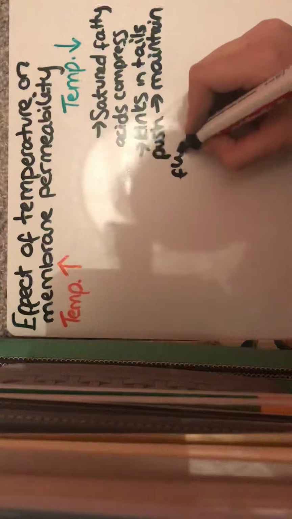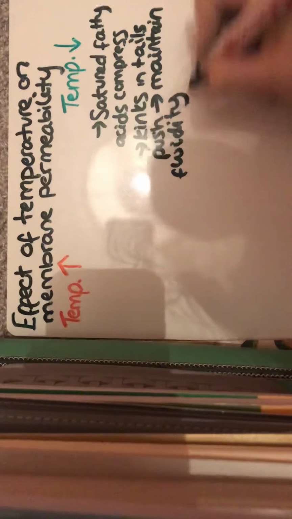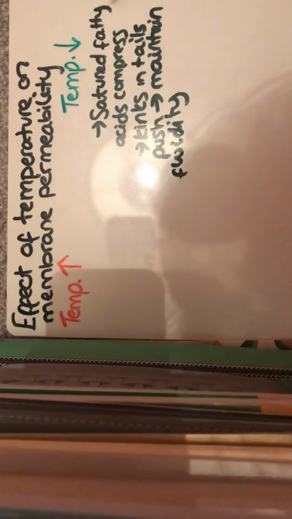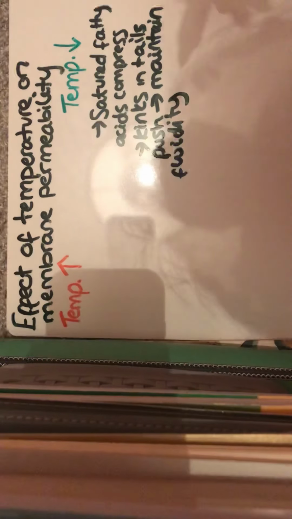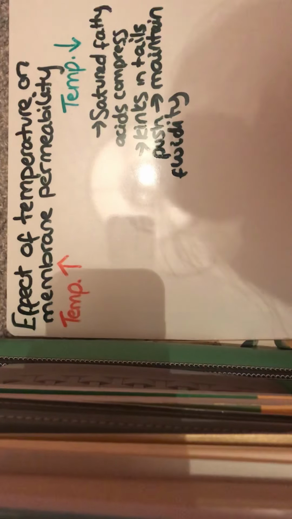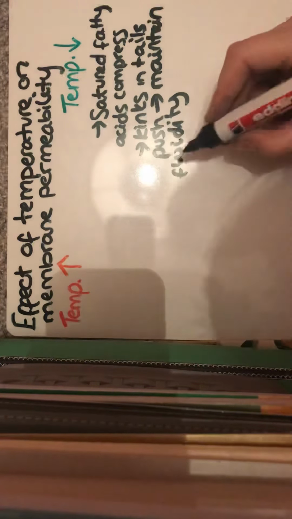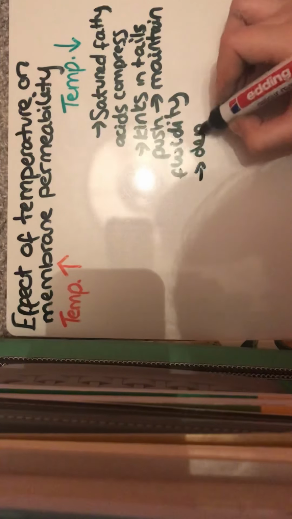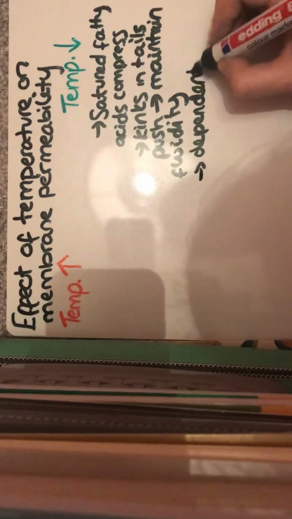So we can see how the proportions of saturated to unsaturated fatty acids in the bilayer will determine what the membrane's permeability and fluidity would be like at cold temperatures. So it's very much dependent on these proportions.